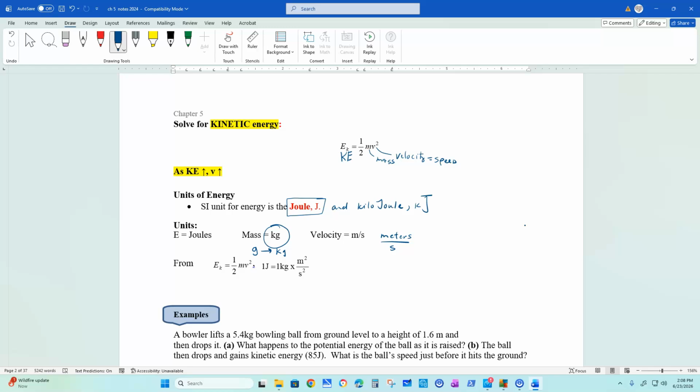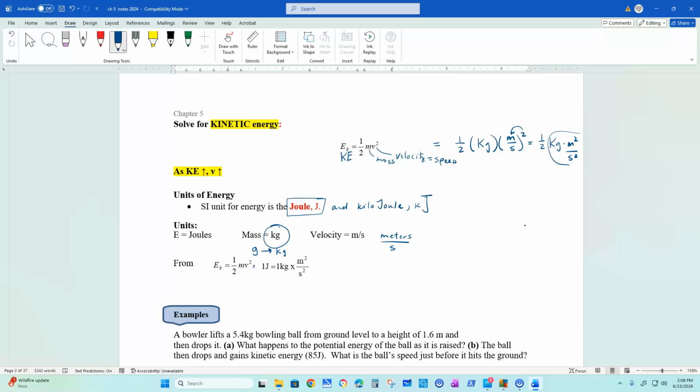Okay? So the reason why we need these specific units is because when we take 1/2, we put our mass number in for kilograms. We take our velocity in meters over seconds, but we're going to square this. That square goes for what's inside the parentheses. So what you have is 1/2 kilograms times meters squared over seconds squared.